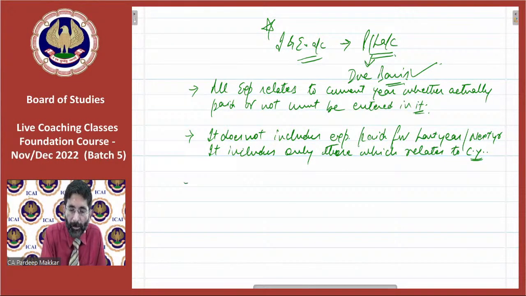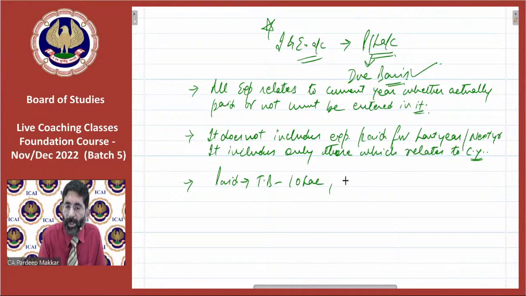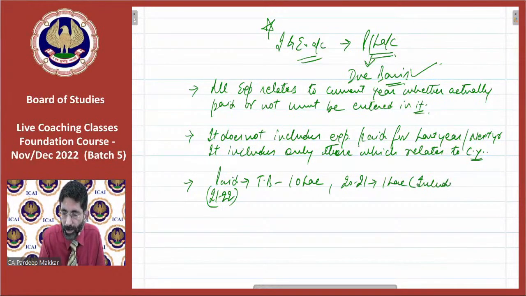So meaning thereby, in the example we did earlier, we are saying paid given in trial balance worth rupees 10 lakhs. In this, what we are saying: in 21-22 we have paid, it includes 1 lakh of 2021, and it includes 22-23, we are saying this is also included, 2 lakhs.